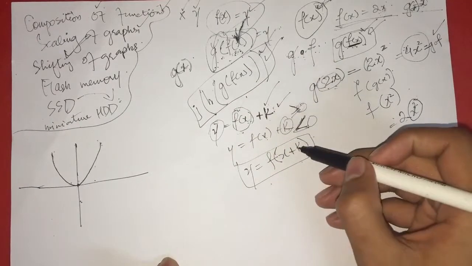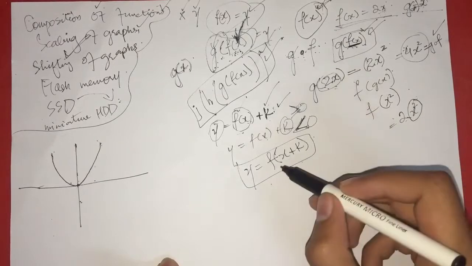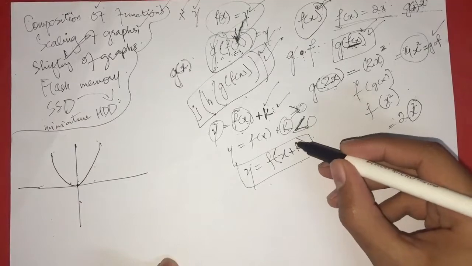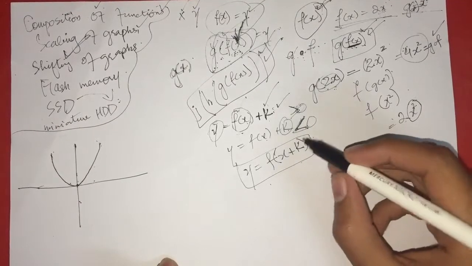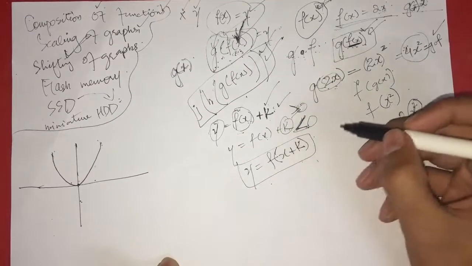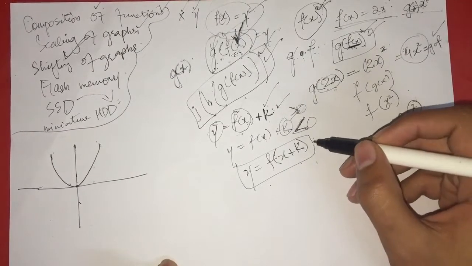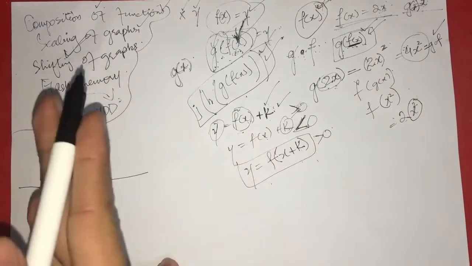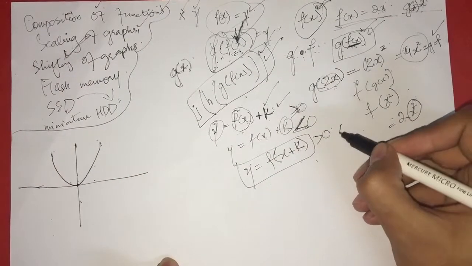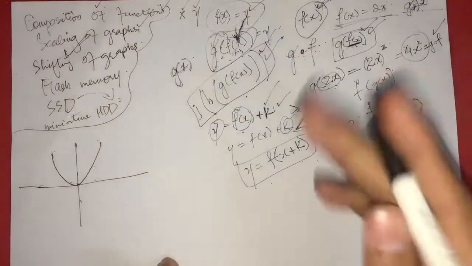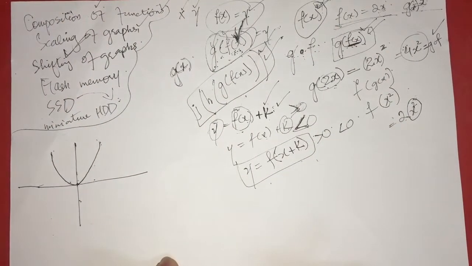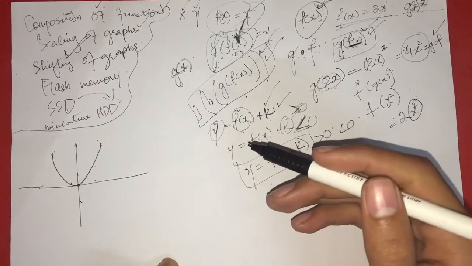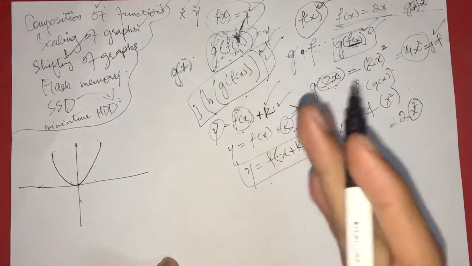But here you're going to add k to x, and then find f of x plus k, so you add k inside the function of x. But here it's opposite. If k is greater than 0, it's going to move to the left, and if k is less than 0, it's going to move to the right. So that is how you move the graph vertically up, down, and horizontally right, left.